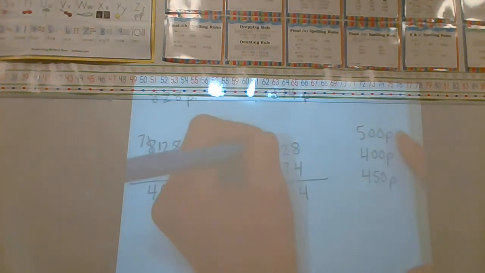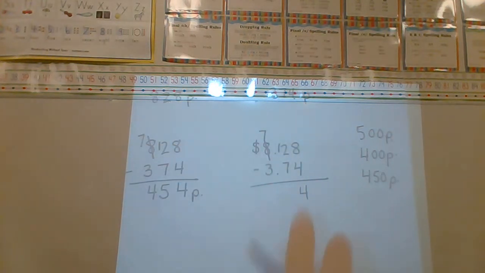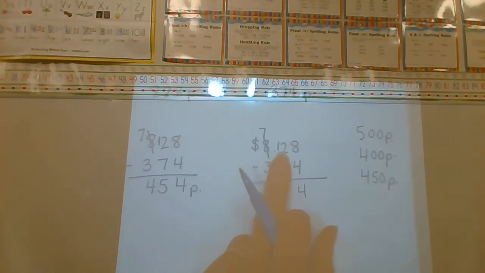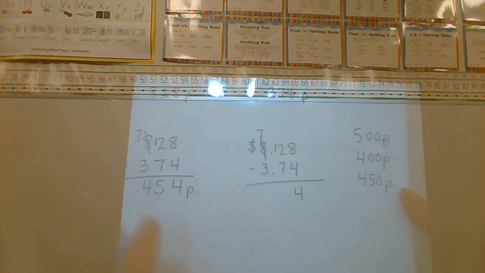We changed the 8 to a 7 and turned the 2 into 12. Okay? If I have 12 minus 7, what do I have? That's right. Remember from over here, 5. And what was 7 minus 3? That's right, 4.